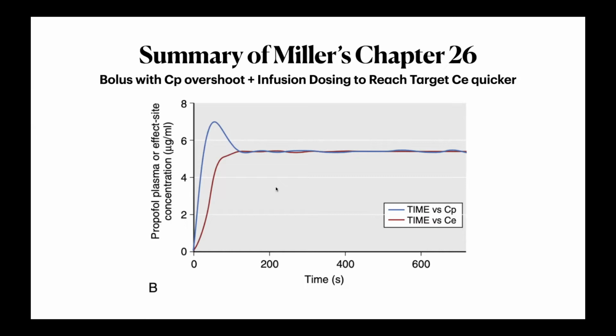What you'll see is that if you have an effect site target of 4, the Schneider model will actually calculate that it needs to target a plasma concentration of approximately 8, or double, okay? Or in other words, it just needs to overshoot, which it's doing here. So it's overshooting so that the effect site reaches its target a lot quicker. So instead of reaching it at 300 seconds, it's able to reach it in about 1.5 minutes, okay?